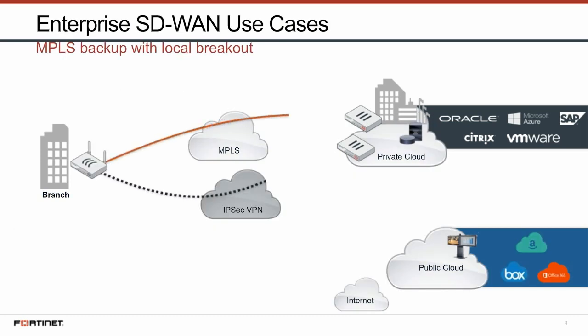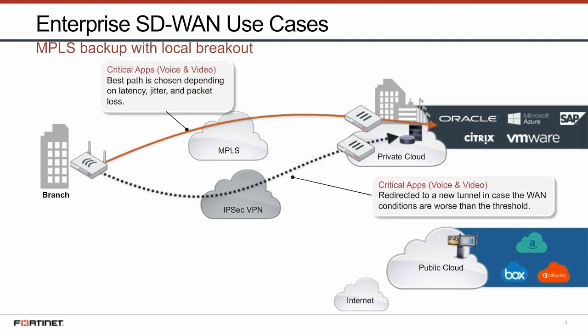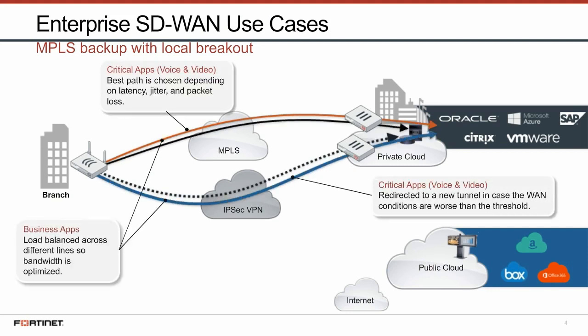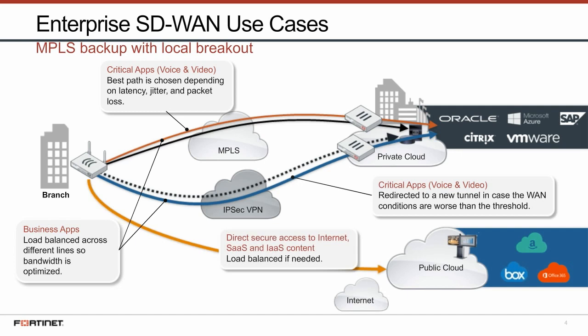In the example shown on this slide, the customer would like to keep MPLS for business-critical applications while adding flexibility and redundancy. MPLS is being used to send business-critical traffic, for example, voice and video, based on the best path with less delay, jitter, or packet loss.